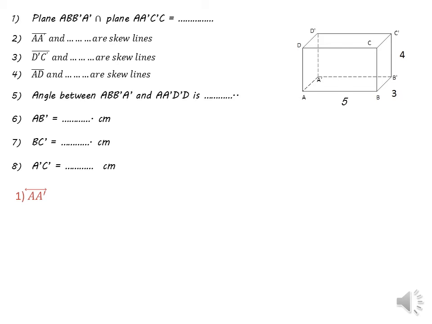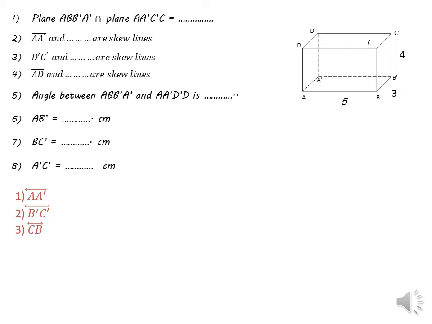For AA', we need to find another line which is not in the same plane with AA', like B'C'. D'C' and another line are skew lines. For D'C', we need to find another line which is not in the same plane with D'C', like CB. Of course, there are many solutions.